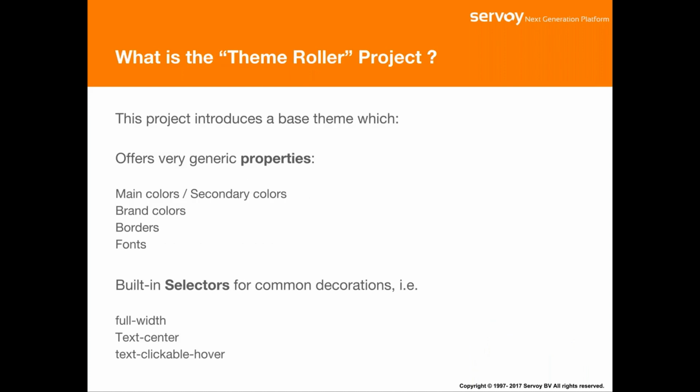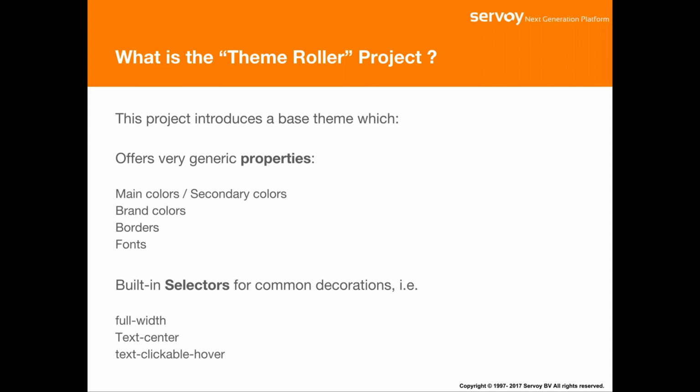The theme roller project started out as a separate GitHub project, and the goal was to really provide that integration of web components and modules in your own application and being able to bring things together but still have a consistent look and feel. And so it introduced Less, and it introduced some very generic properties and some built-in generic selectors.